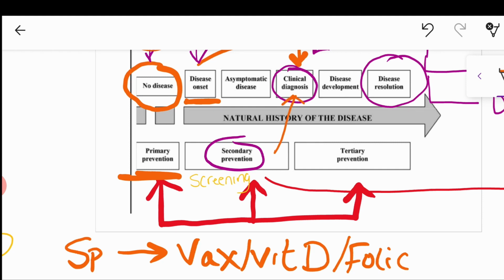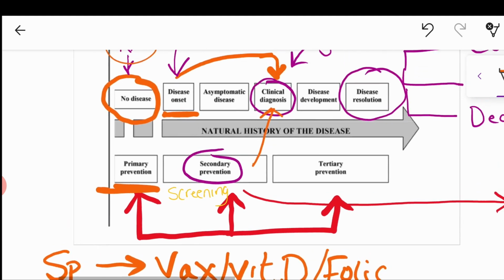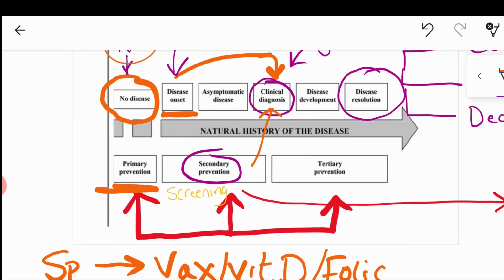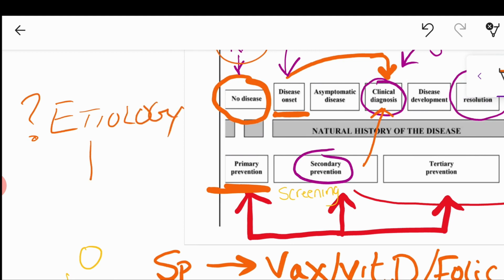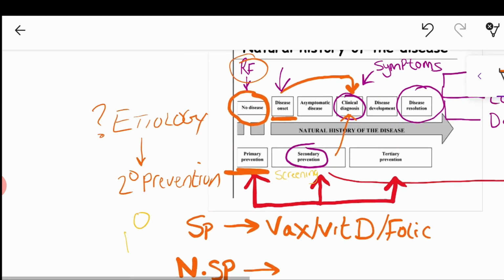Just to mention, when you have no idea what the etiology is, you move straight away to secondary prevention. If you have a disease and you don't even know how it's caused, you're going to try and get yourself diagnosed.